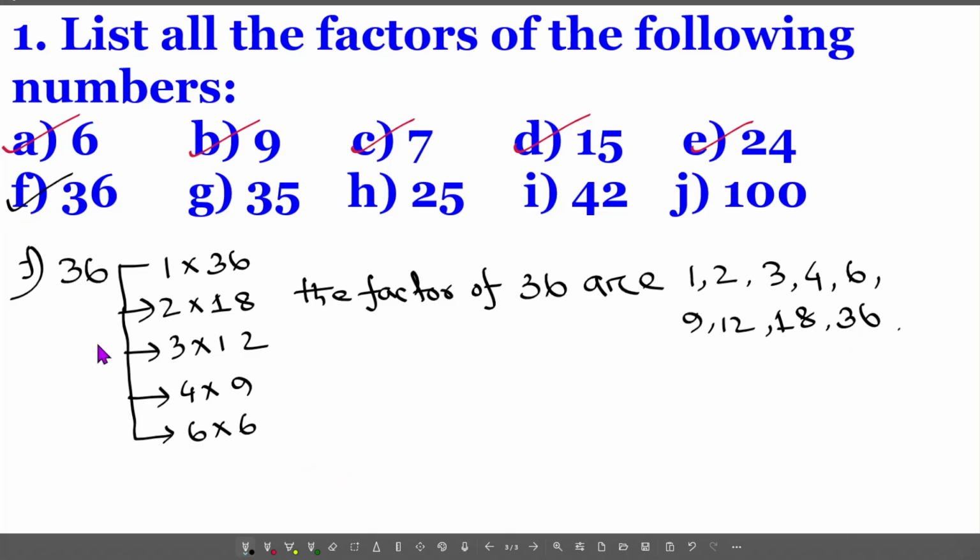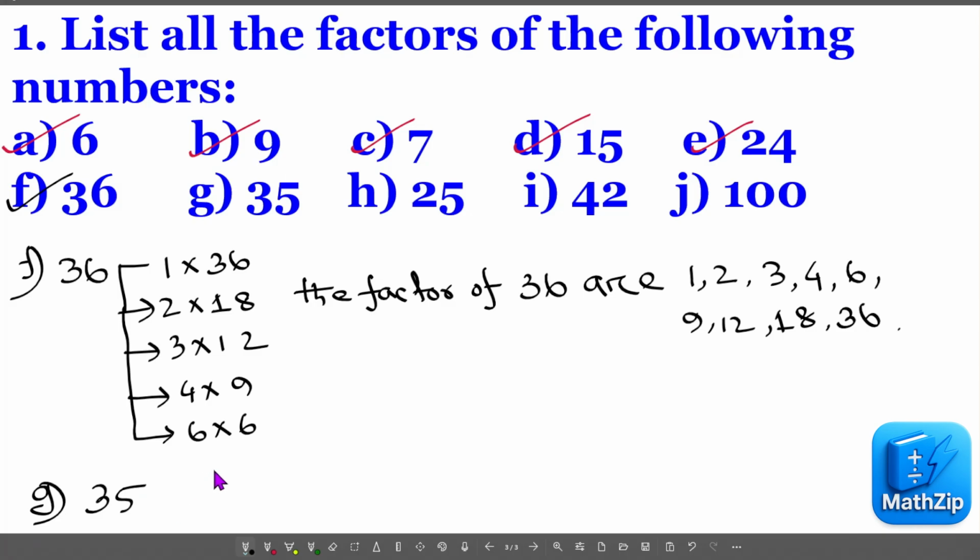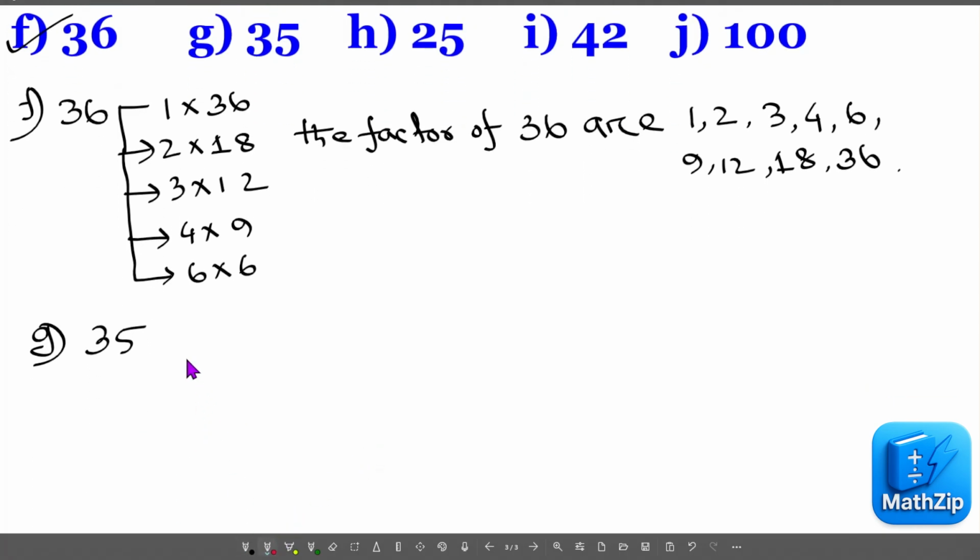Now number G, 35. Similar thing. First 1 times 35, then 2 is not possible, 3 is not possible, 4 not possible, 5 can do. 5 times 7 is 35. So 7, 8, 9, 10, 11, 12, 13, 14 are not possible.